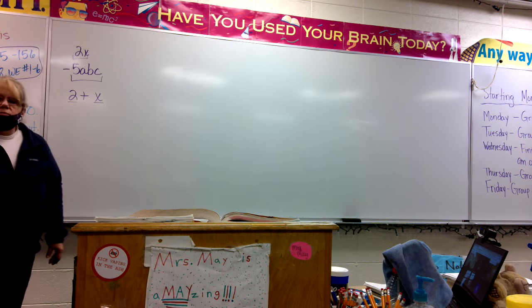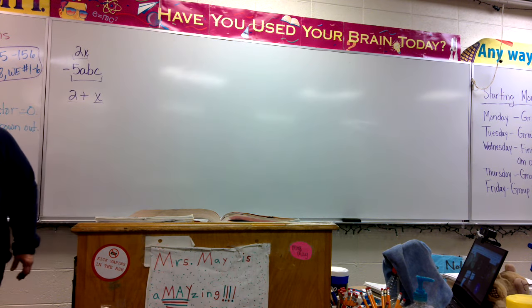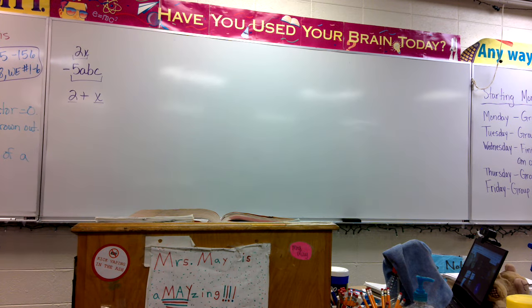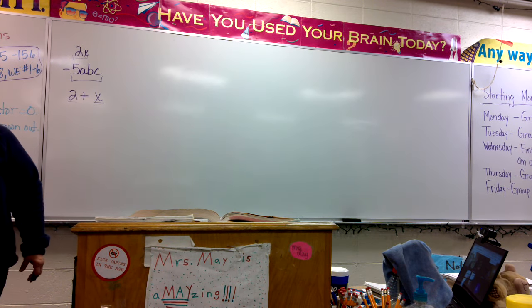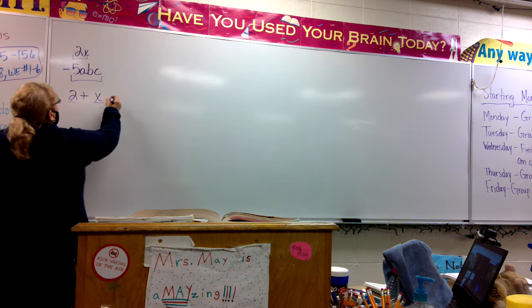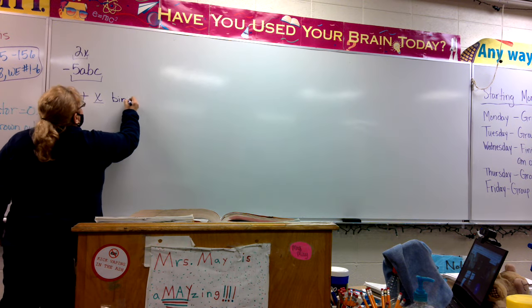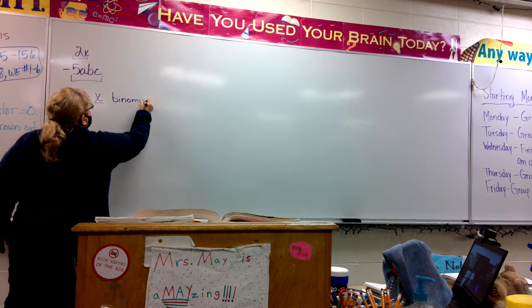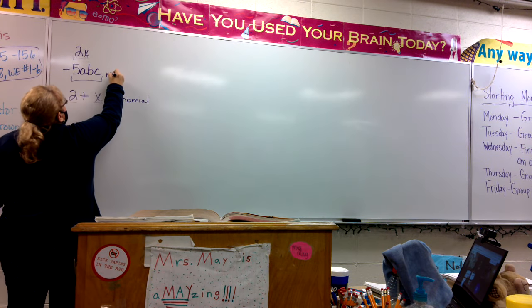Those are two terms. What do you call something with two? What's the prefix for two? If you have one of those things with two wheels, what do you call it? Bicycle? Bi. So this is called a binomial. This is called a monomial.